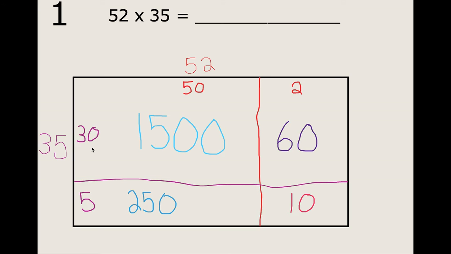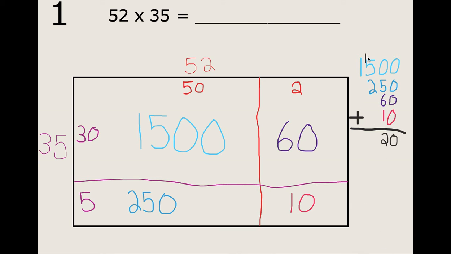After we have multiplied all the numbers that we have, we now need to take these products and add them together. So over here, I'm going to take 1,500, 250, 60, and 10, and add those together. So 0 plus 0 plus 0 plus 0 equals 0. 5 plus 6 plus 1 is 12.